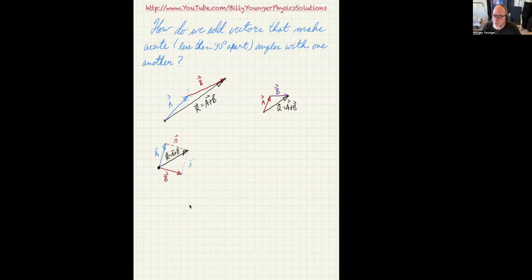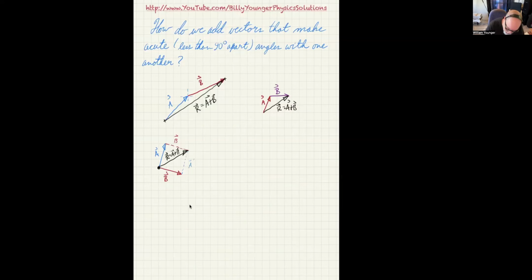And all you'd have to do is measure the resultant by using these head to tail or tail to tail methods. Draw the resultant, measure it, and then use your scale backwards to convert that number of inches to a certain number of newtons, and then use your protractor to measure what angle that makes, say, with due east, or what angle that makes with due north, or due west or due south, or something like that, and then specify it accordingly.